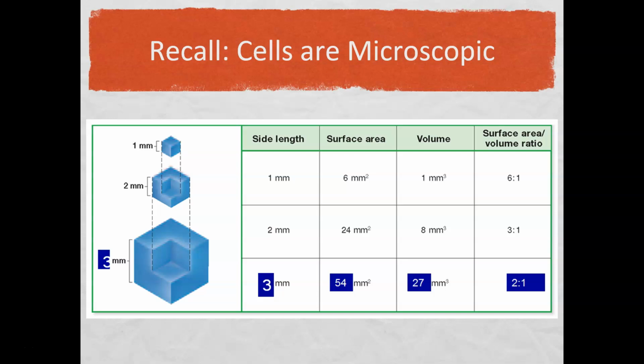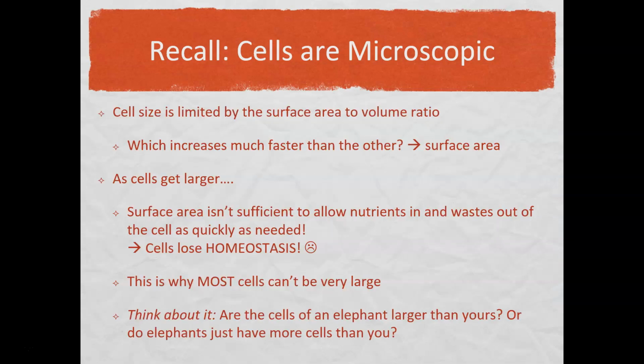And so your cells will maximize the amount of surface area that they need to function given the volume that they have to do the job that they're supposed to do in an organism. So your cell size is overarchingly limited by that amount of surface area. That surface area is going to increase much more dramatically than the volume does.